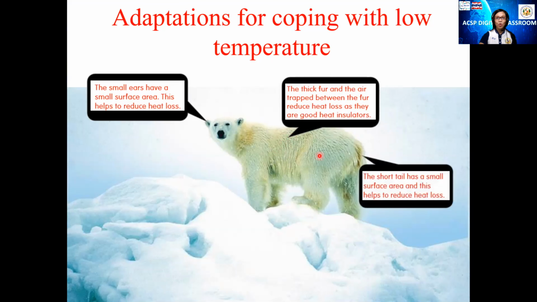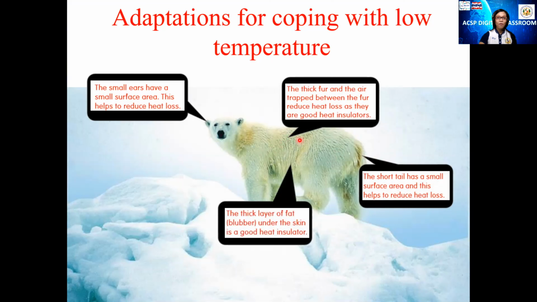And then they have a short tail. Why? Because it also helps to reduce heat loss. And then they have a thick layer of fat in this area of their body. We call it blubber under the skin because this is also a good heat insulator. So it's just like this. You're going to label its adaptations and explain how those adaptations help the animals to survive.